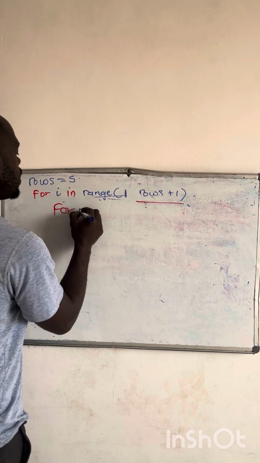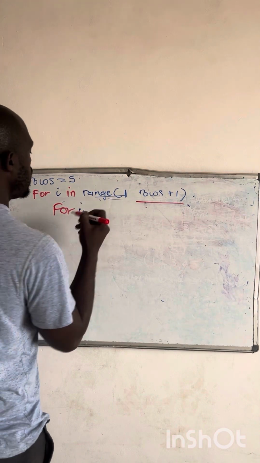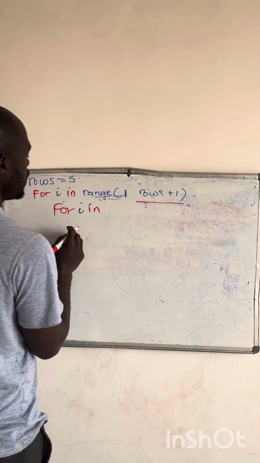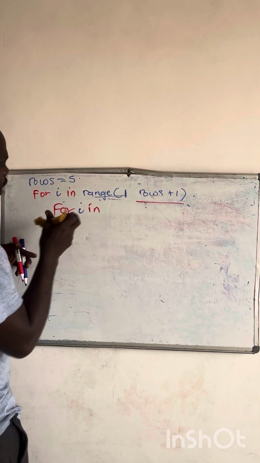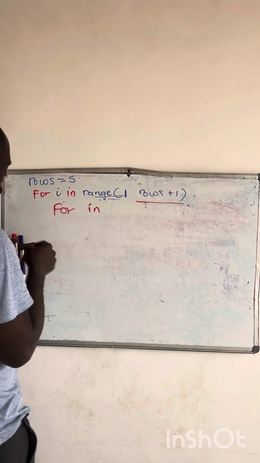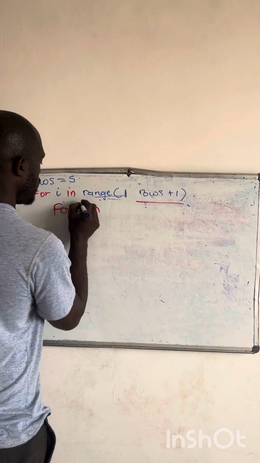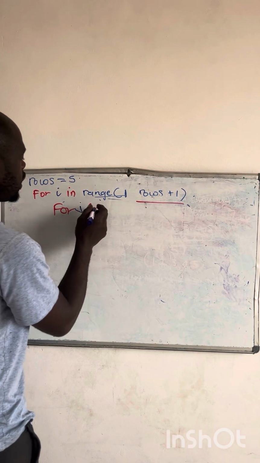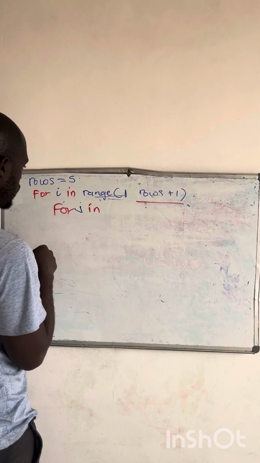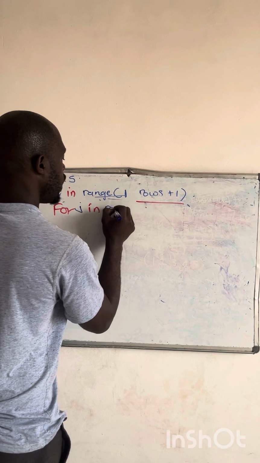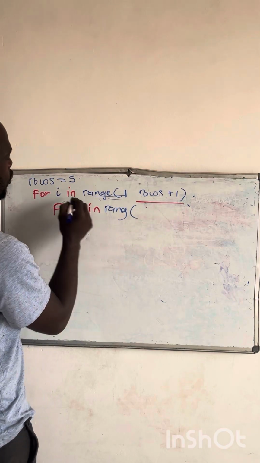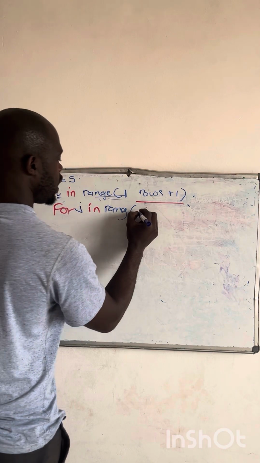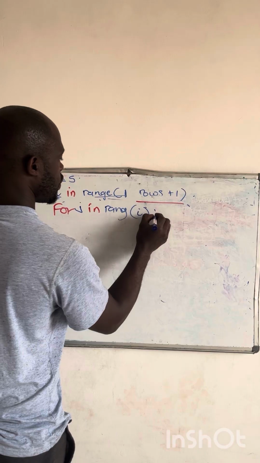Because this is i, let us introduce another variable here. Let's call it j. So we shall say for j in range, this time we are going to say for j in range i. For j in range i, okay?